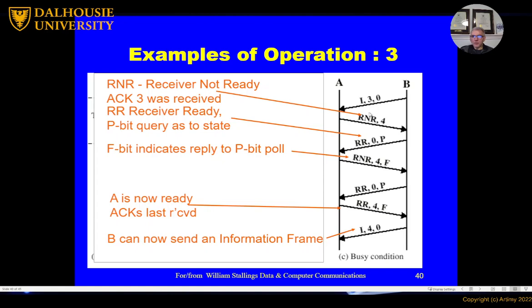Here is an example of sending RNR, receive not ready. B is sending information to A, but A is busy, so it doesn't want to receive information. So it's sending an acknowledgement. It says, I received 3 and the next one is expected at 4, but don't send me anything. I am not ready to receive anything.